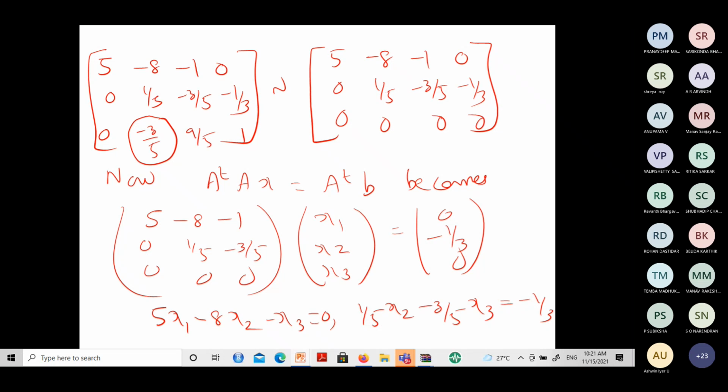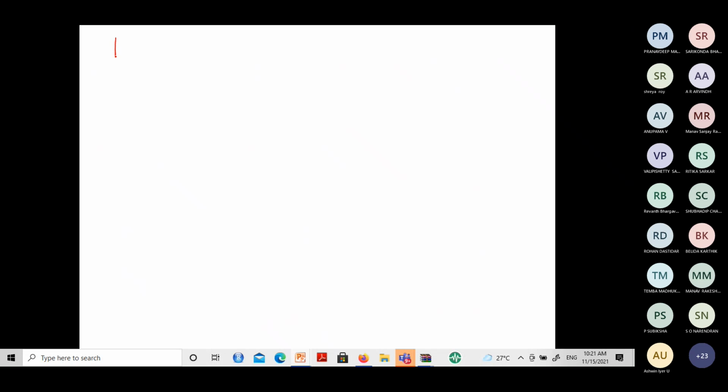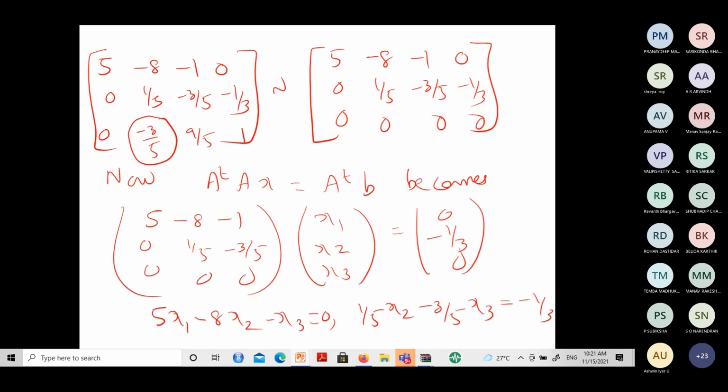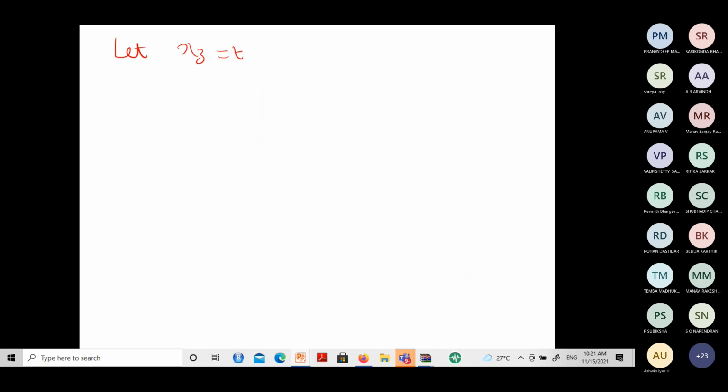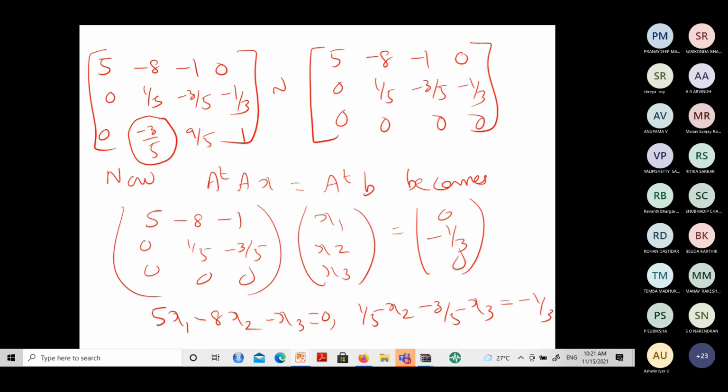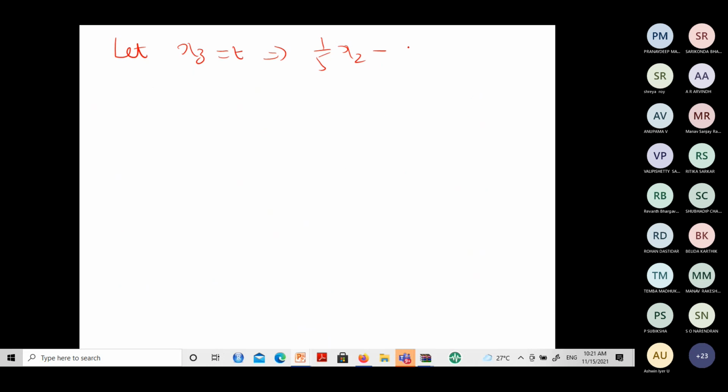What I do is let x3 is equal to t. So your second equation will give you 1 by 5 x2 minus 3 by 5 t is equal to minus 1 by 3.